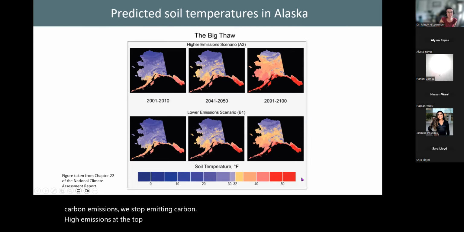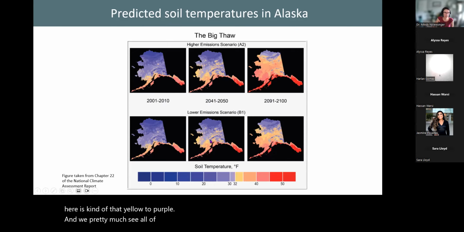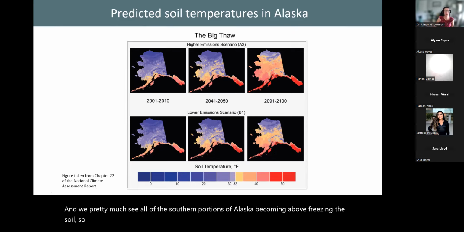We can see that the soil temperature in the southern portion of Alaska, even in our low emission scenario, is now well above freezing. So the freezing line here is that yellow to purple. And we pretty much see all of the southern portions of Alaska becoming above freezing, the soil. So much, much permafrost thaw. And if you go to the higher emission scenario, even more.